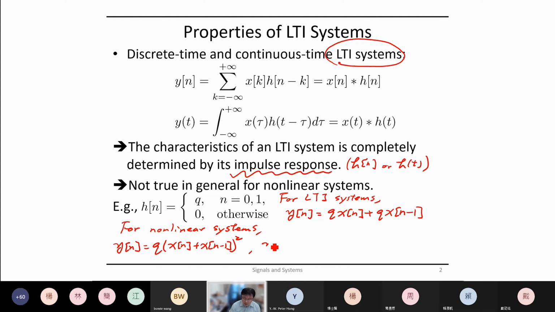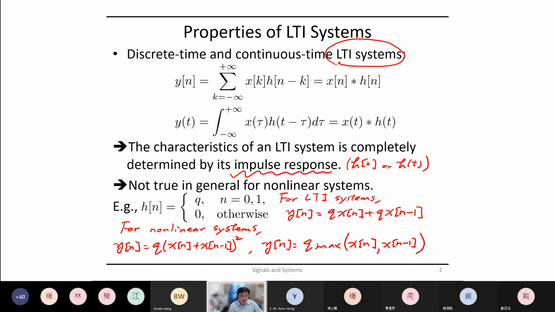Now, if you take y of n equal to q times the max of x of n and x of n minus 1, then you can see that the response to an impulse at time 0 is again equal to q for time 0 and 1 and 0 otherwise.